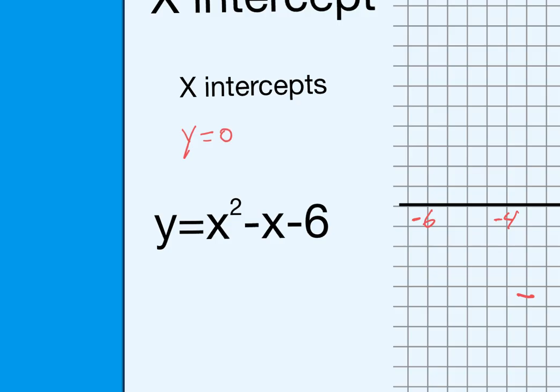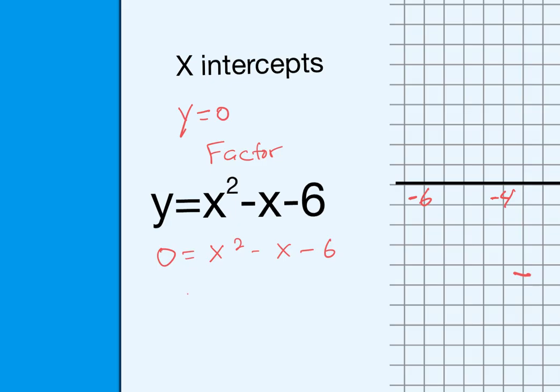Well, what we need to do is set this equal to 0 and solve. That's how you find the x-intercepts. Or simply, if you want to think about it, factor. Solve for 0. When we do that, we're going to get 0 is equal to x squared minus x minus 6, which is x minus 3 times x plus 2.